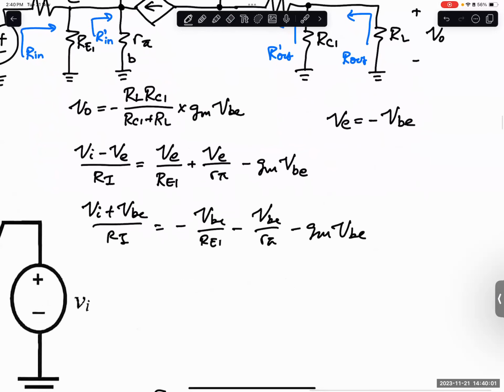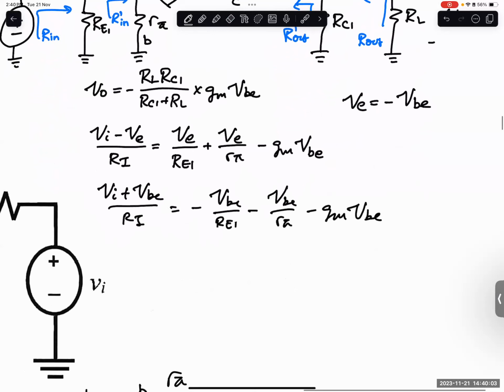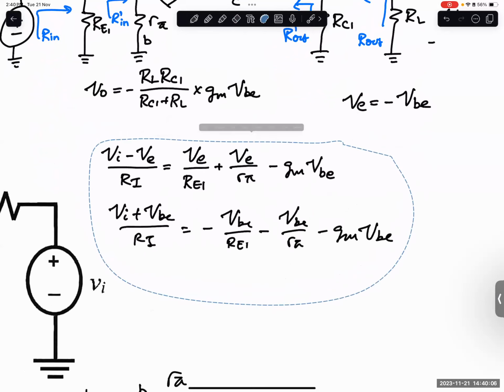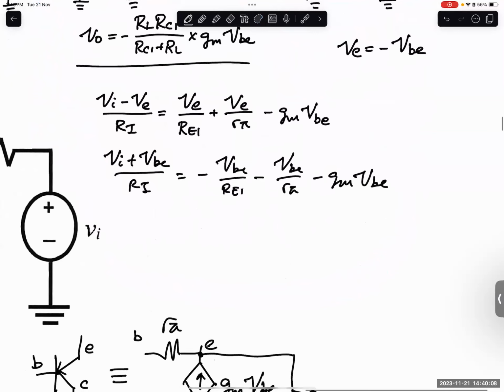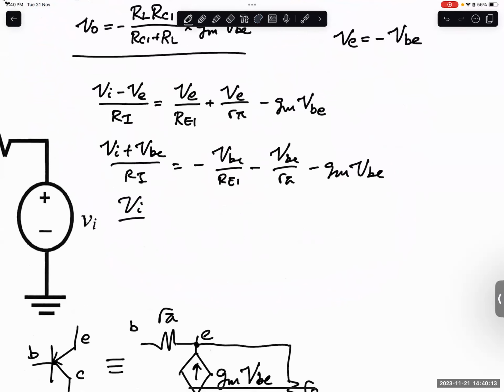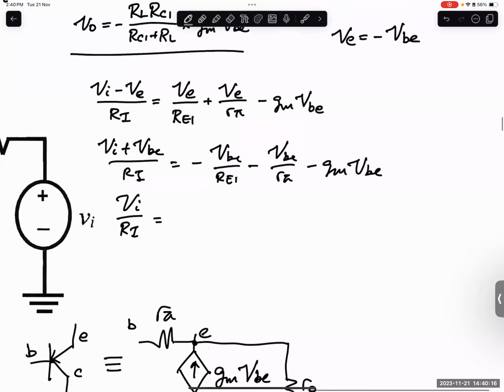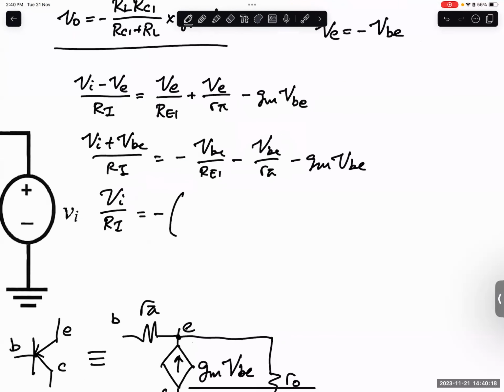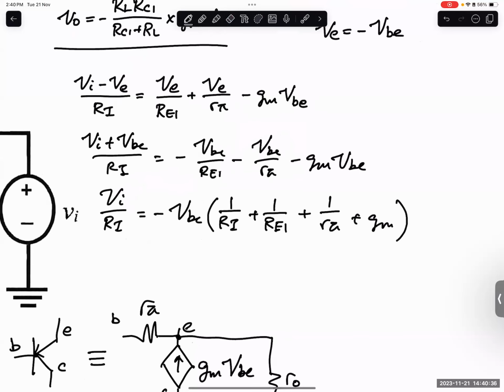So VI over RI equals, I'll just put VBE here, negative VBE times 1 over RI plus 1 over RE1 plus 1 over R pi plus gm.